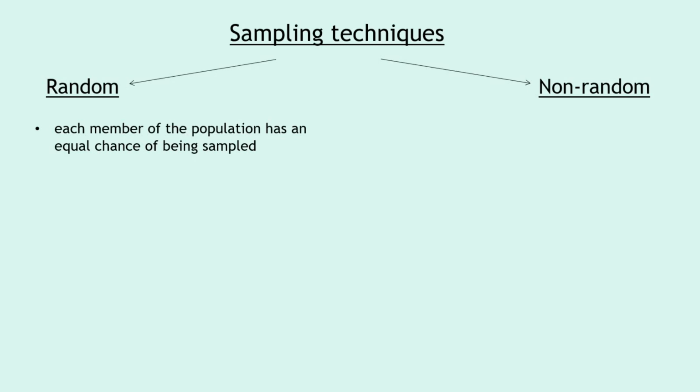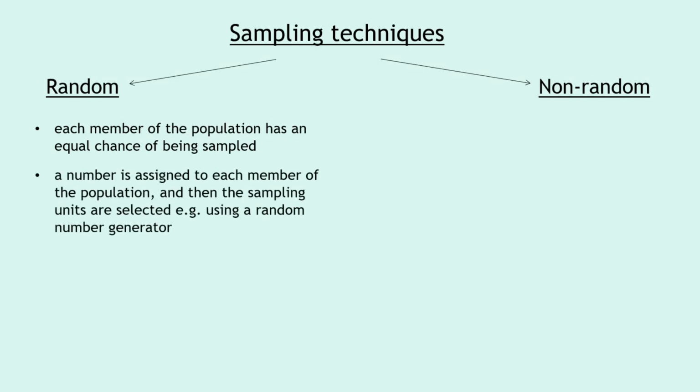That is all done randomly and arbitrarily. For example, you can assign a number to each member of the population, and then you select your sampling units, the things or organisms that you're going to include in your sample, using a random number generator, or you can pick numbers out of a hat, for example.